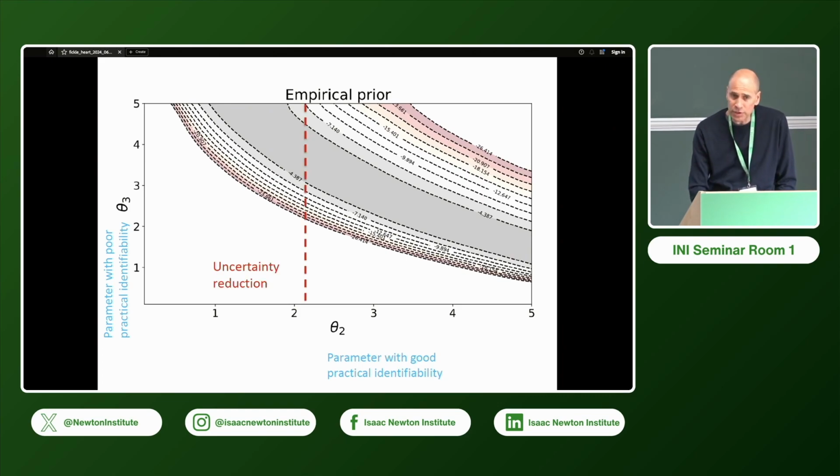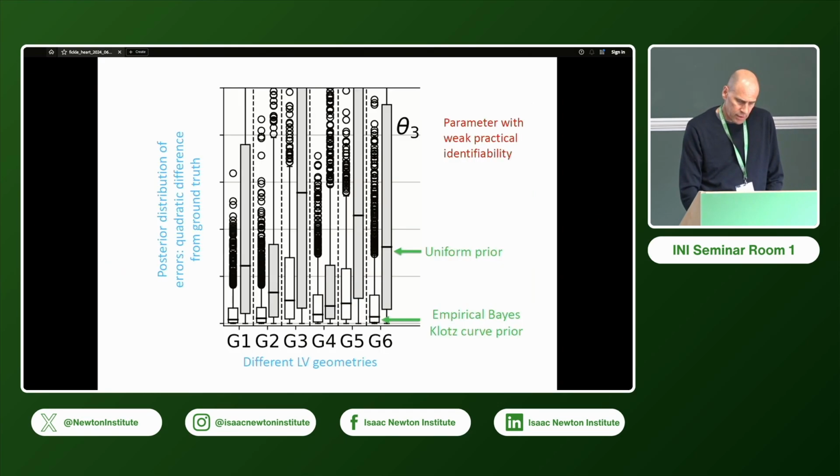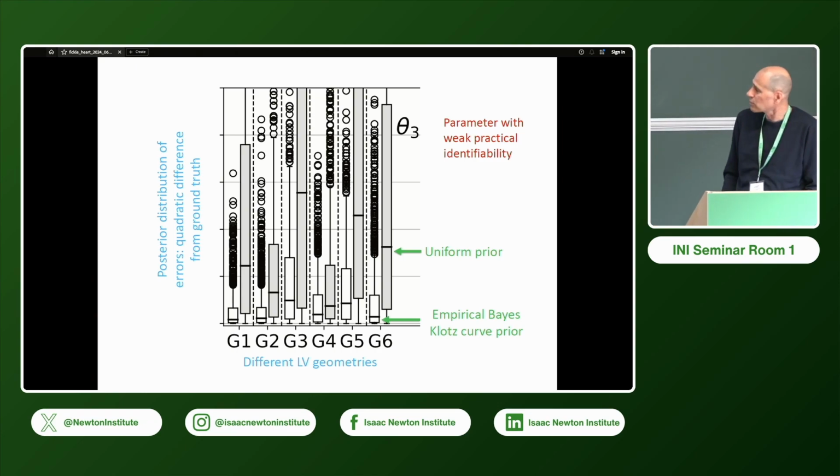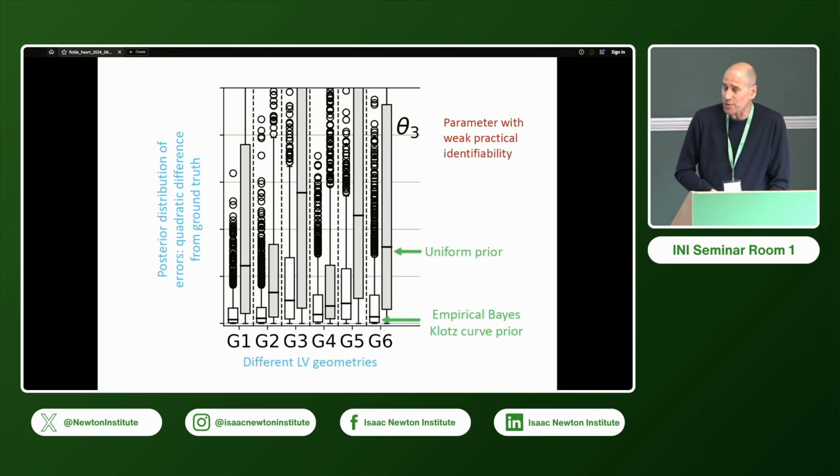You see that as a consequence of using the data, the circumferential strains, to fix parameter theta 2, you reduce the uncertainty of parameter theta 3, that is the weakly identifiable parameter. And as a consequence of that, first the accuracy improves, so the posterior distributions get closer to 0. That's the posterior distribution of the quadratic difference from the ground truth value. And you also see that the uncertainty has reduced compared to just the uniform parameter.